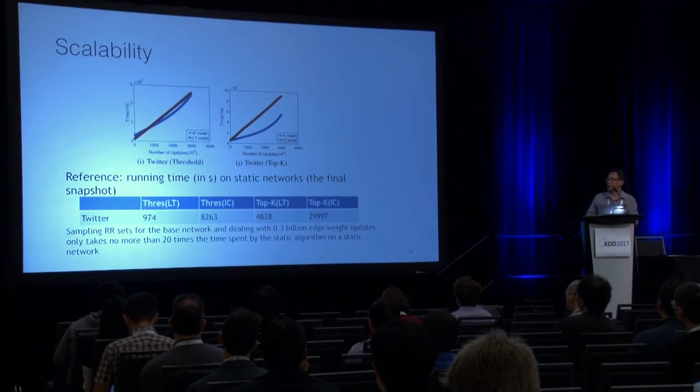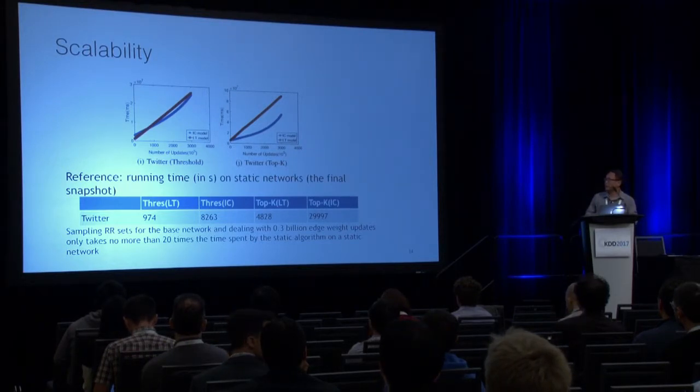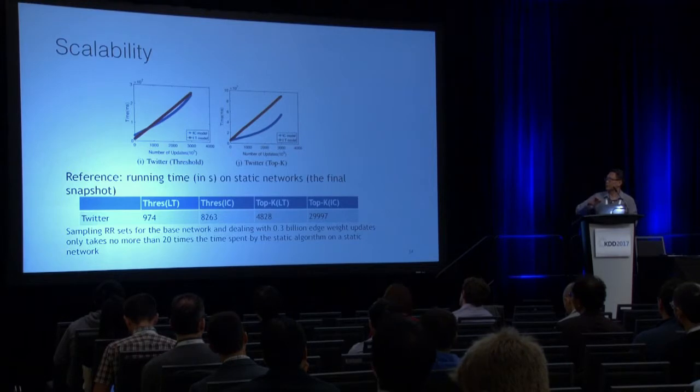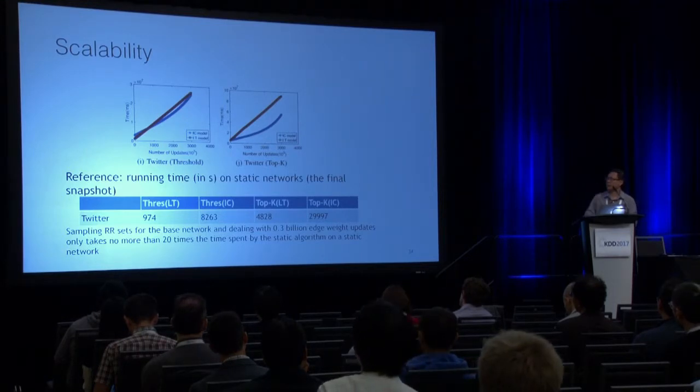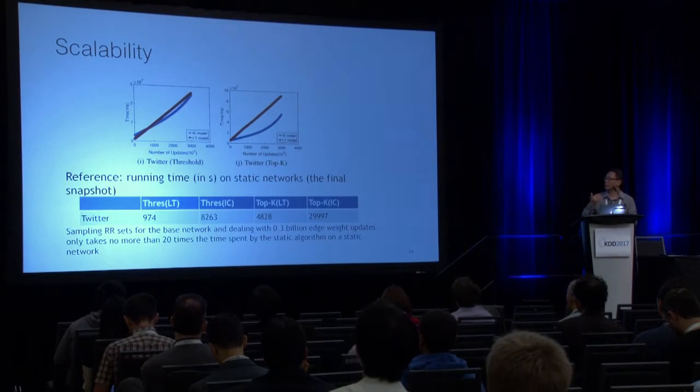And in terms of scalability, you can see that our results are pretty scalable: with respect to the number of updates, our performance is almost linear for the linear threshold model. For the IC model it is not that good, but still good over a wide range.